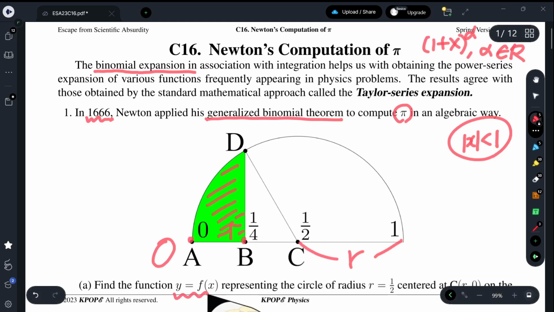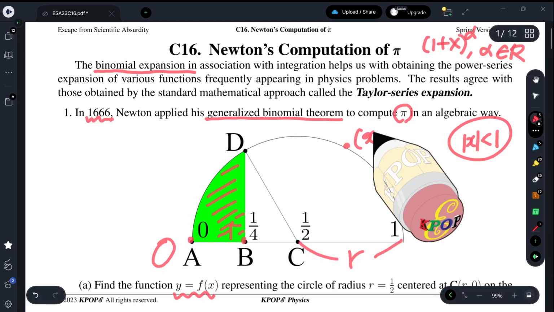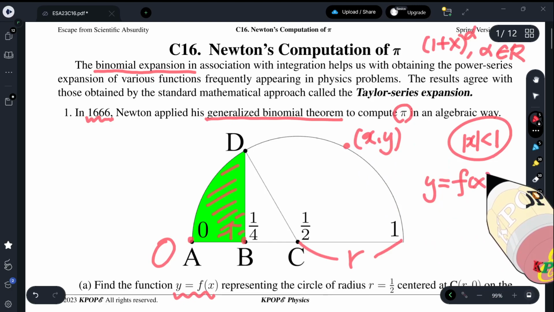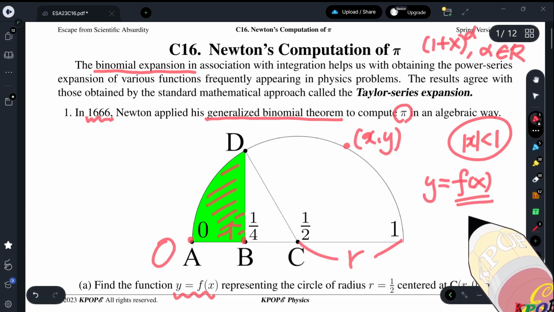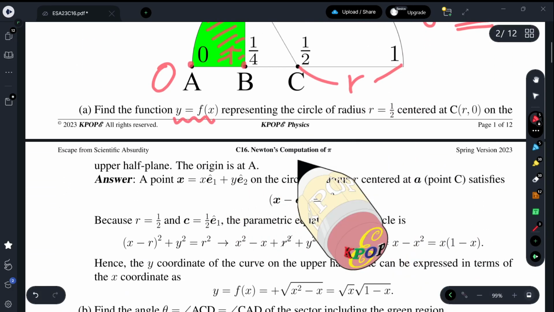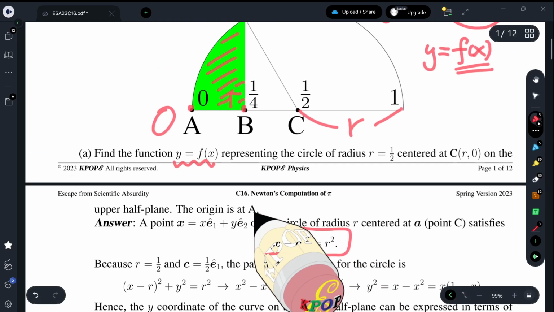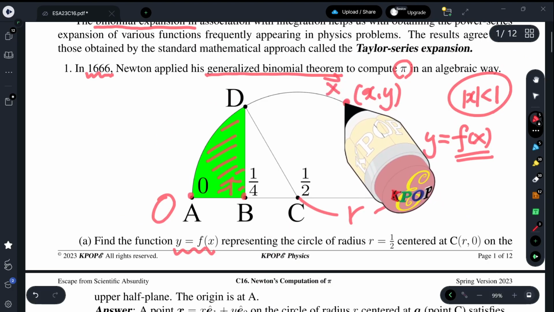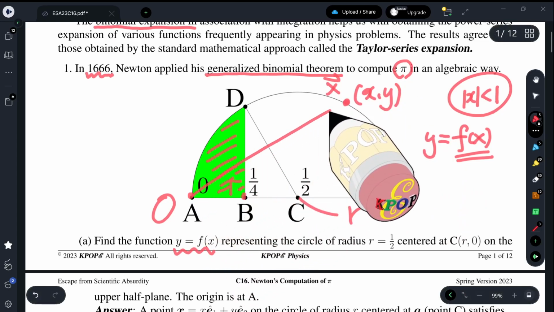We define a point on this semicircle, x comma y, where y is a function of x, and we find what this function f is. First of all, we make use of this relation. A point, a vector x, on this circle can be represented by a vector from the origin.